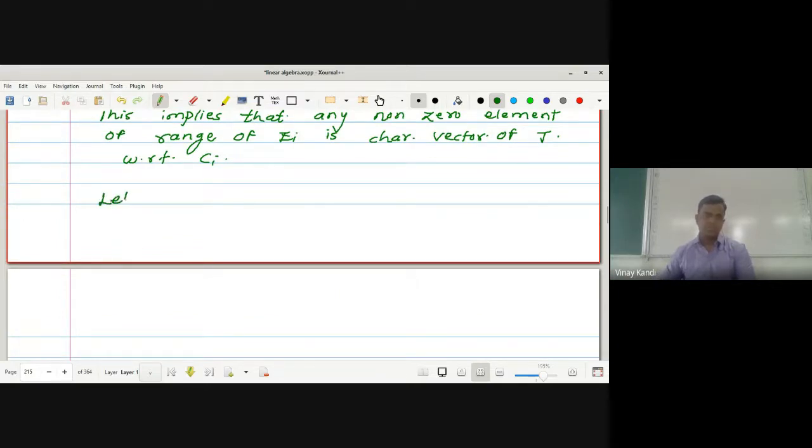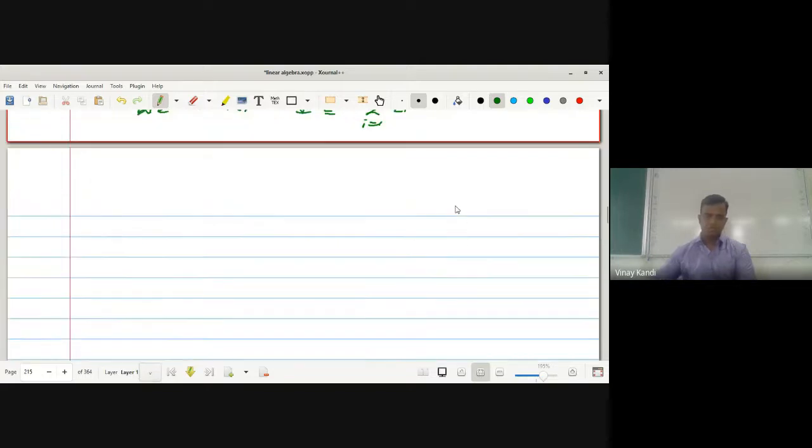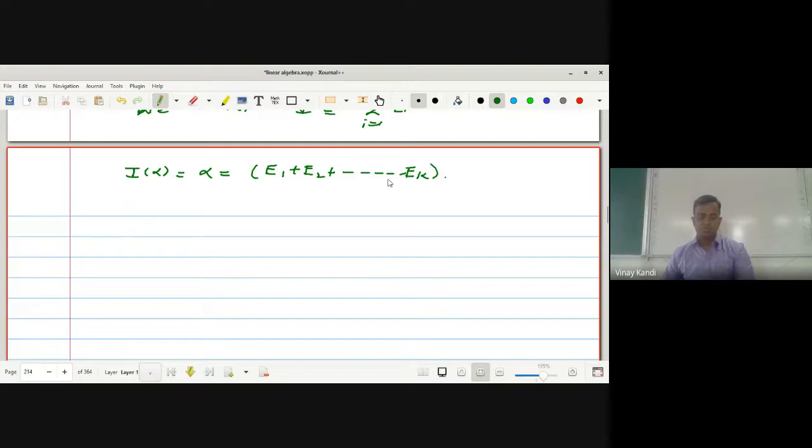Let alpha belonging to capital V be any vector. We have I is equal to the summation of Ei, i running from 1 to k, which is given to us. So I of alpha is equal to (E1 + E2 + ... + Ek) of alpha.